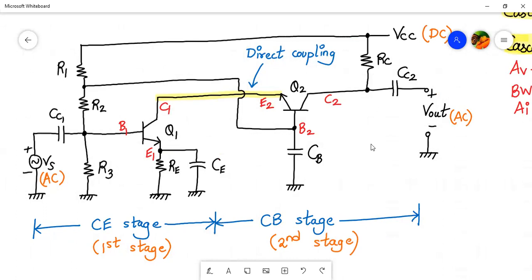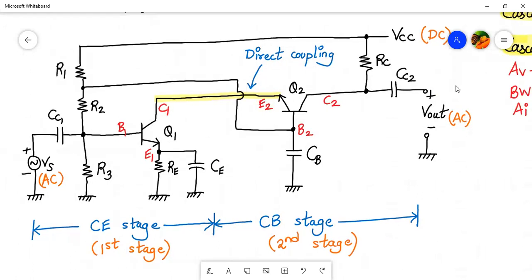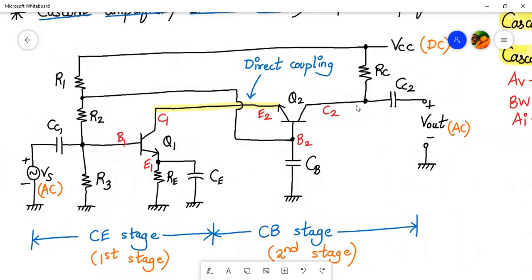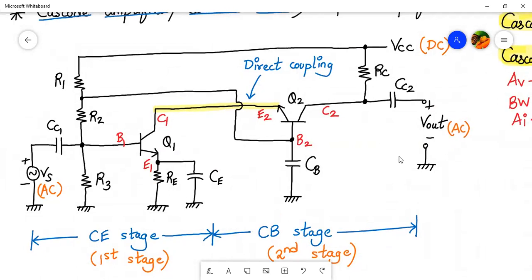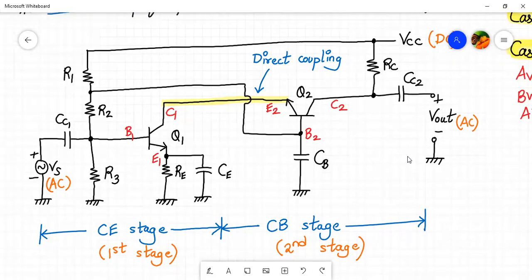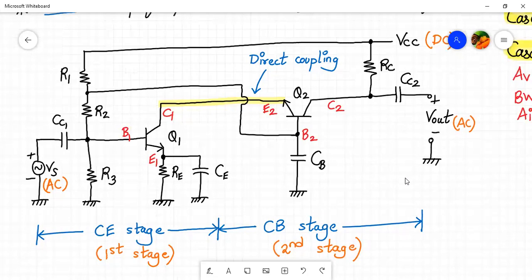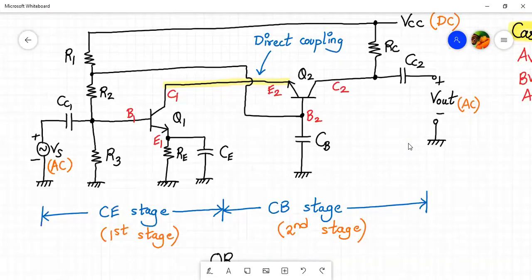It provides a very good current gain, which a cascaded amplifier cannot provide. Also, your VS is a small signal AC signal, at V out you get amplified AC, and VCC is required for biasing the transistors in the proper forward active region for BJTs.